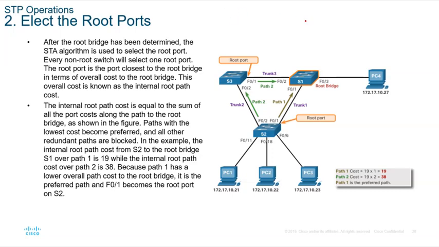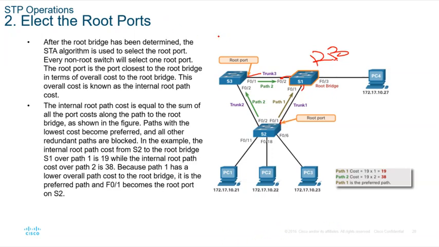This is the root bridge, and this is maybe the backup, and then the root ports. If it's a root bridge here, then the connected ports are designated. The ones that point to the root bridge are root ports. And then for the redundant link, one end has to be the designated port, and the other end has to be the alternate port.